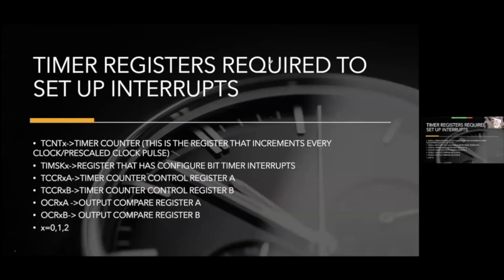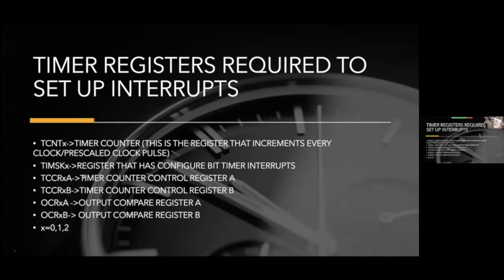So, timer registers required to set up interrupts. We have the TCNT registers. This is the actual timer counter, the register that is incremented every clock cycle or prescaled clock pulse. TIMSK is the timer mask register. This is where we configure the bits for our timer to enable interrupts.